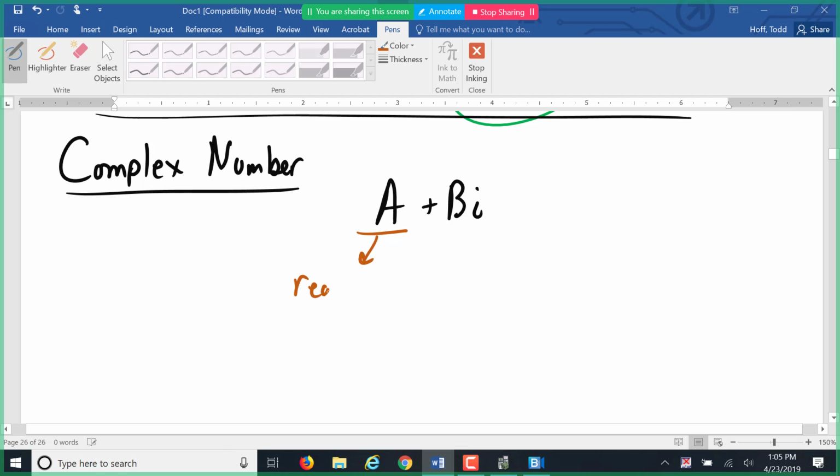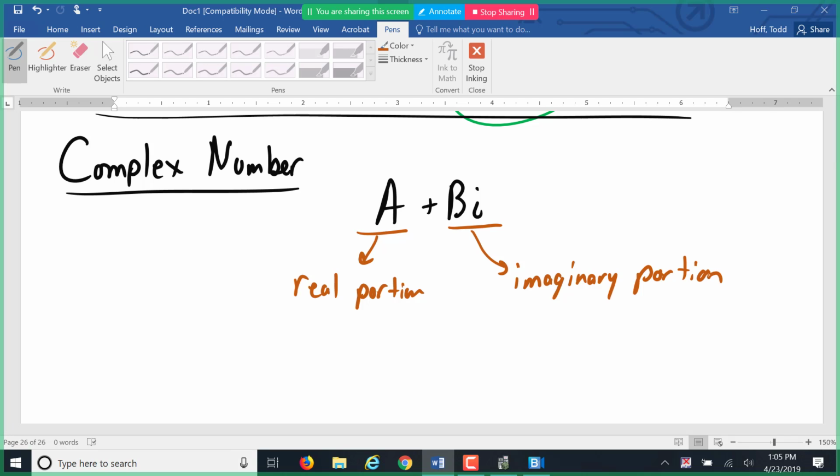It has a real portion and it has an imaginary portion. And we're teaching these along with the radicals for a couple reasons. One is it is the square root of negative 1, but also the behavior of these complex numbers is almost identical to the behavior of our mixed radical numbers.